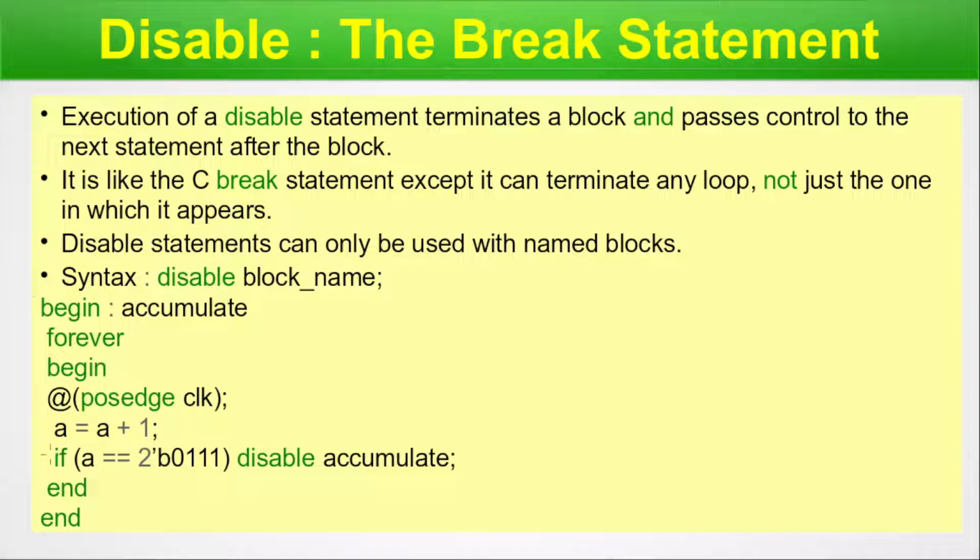To use the disable statement, you have to use begin, then you give a name to the block on which you have to operate, and then you end the block with the end keyword. So begin and end are used here for naming a block, and that block can be terminated using the disable statement. This is used like the C break statement in Verilog in any of the loops we have discussed so far. Here we have exemplified with the forever. However, you can go ahead and use it with any other block.